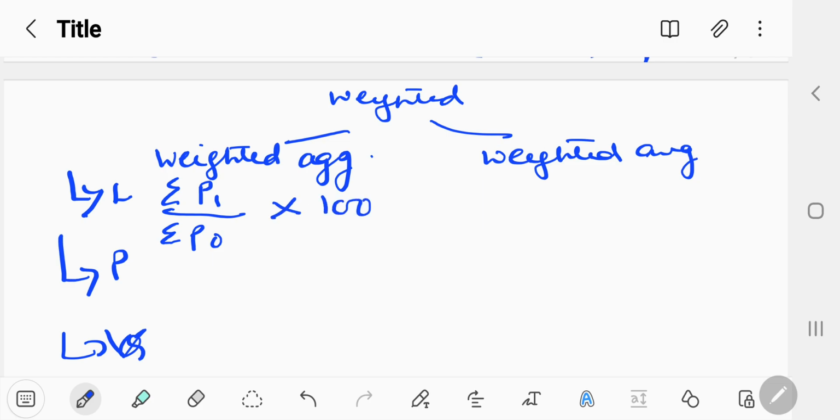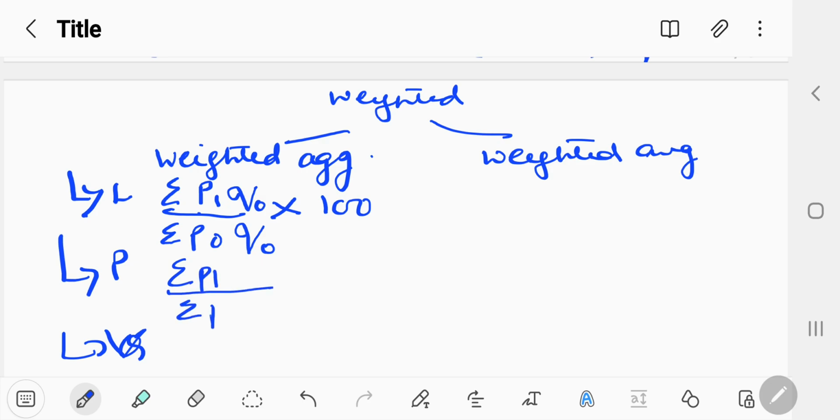But here we cannot take only prices, as we are going to multiply price with weight, which is quantity. Now the question arises, this should be the base year quantity or the current year quantity. So different statisticians gave different answers. According to Laspeyres, the weight should be the base year quantity.